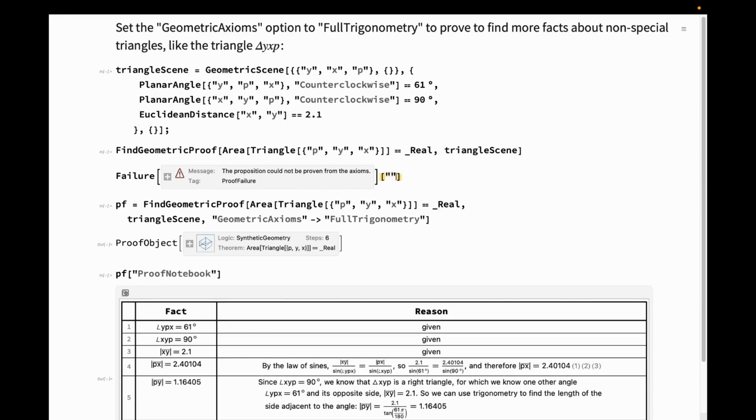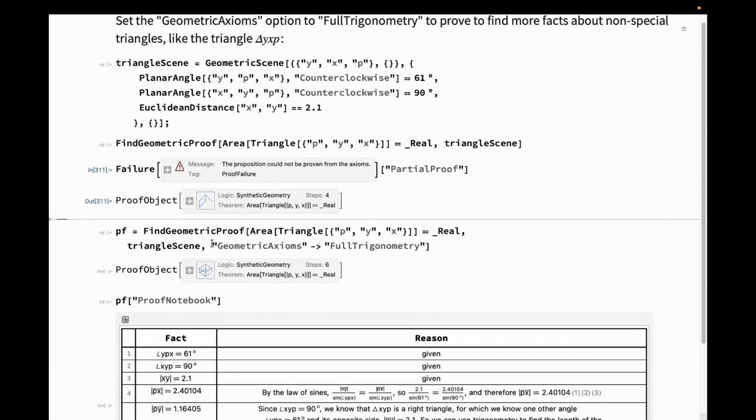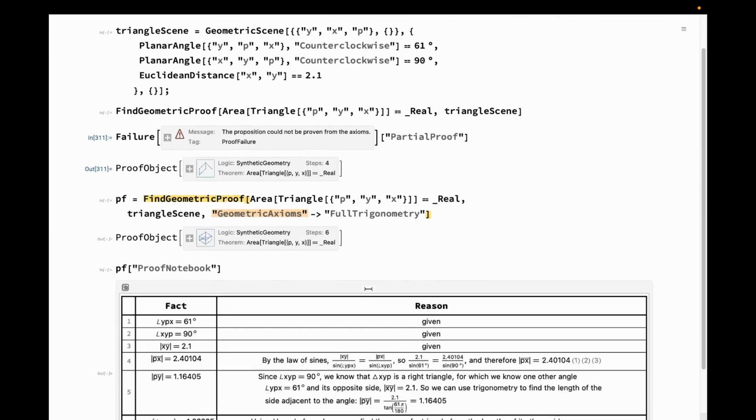And if we just run FindGeometricProof to find the area as a real, it will fail and give us this failure object. Although we could ask for the partial proof, and that will give us a few steps, which we could then look at in the proof notebook and all the other properties that the proof object has. But if we set the geometric axioms option to full trigonometry, we can actually get the proof.